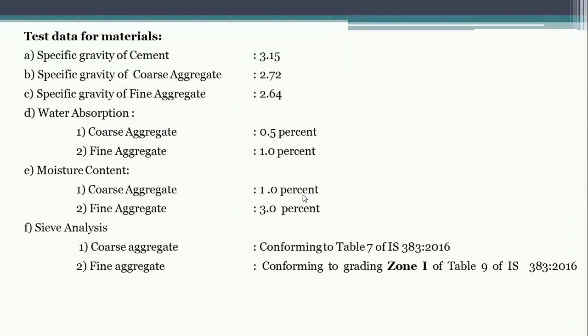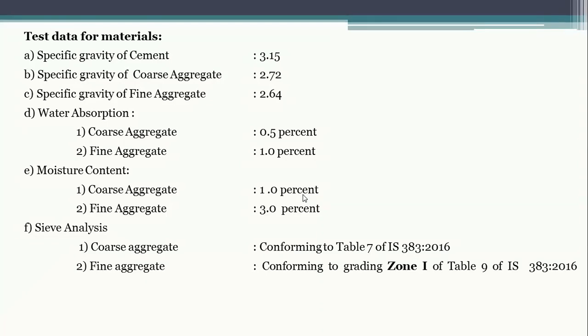For fine and coarse aggregate, it should be around 2.6 to 2.8. If you write below 2.6 or above 2.8, then it might be wrong. So based on the range you select the data if they have said assume, or else whatever data they have given you can take for the calculation. Next, water absorption of coarse and fine aggregate, 0.5 and 1% respectively.